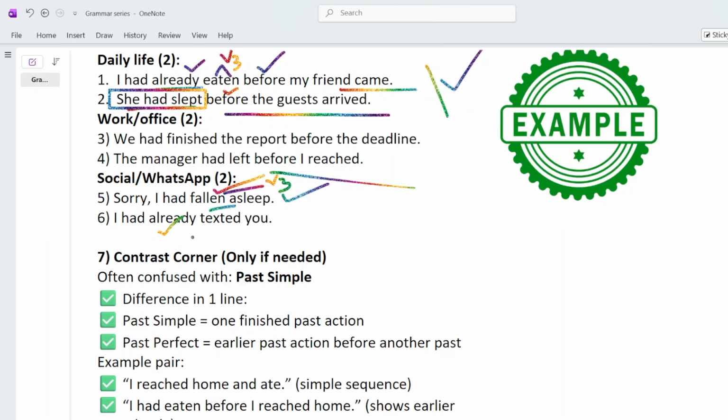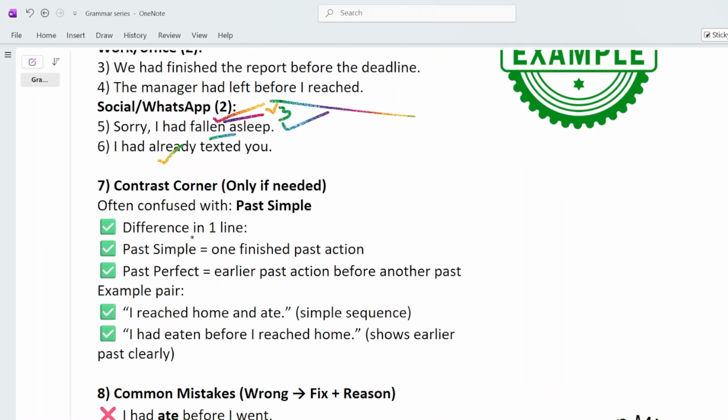This tense is real communication. So I would advise you to go ahead and practice past perfect tense with a lot of interest because it kind of gives you that sense of communication. Yes, it is a grammar tool. However, it's very useful when you're communicating or speaking to someone.